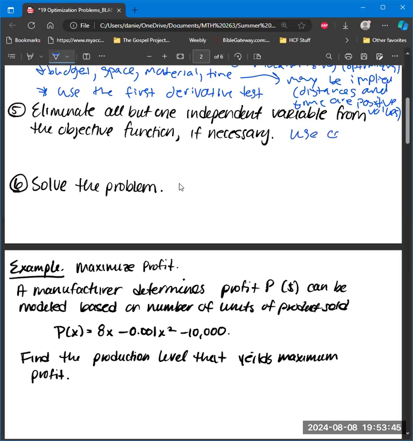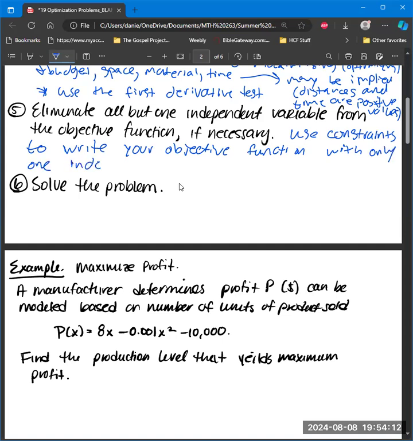So use your constraints to write your objective function with only one independent variable, and differentiate with respect to that independent variable.